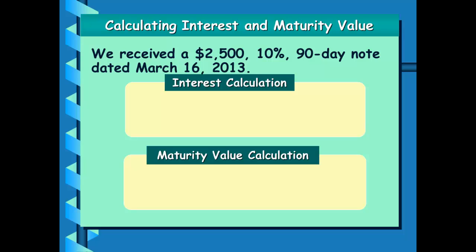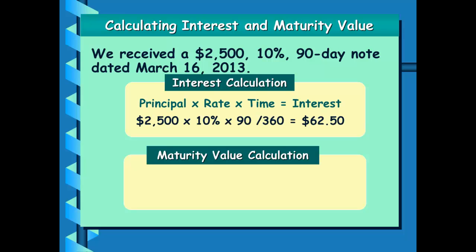If you're going to mess up that formula, normally the thing people do is they leave off the number of days divided by 360. That is what students miss, which means you're going to be very greedy and you're charging them a whole year's worth of interest instead of a certain number of days' worth of interest. Okay, the interest calculation, PRT, is going to be your principal of $2,500 times 10% times 90 divided by 360, $62.50.